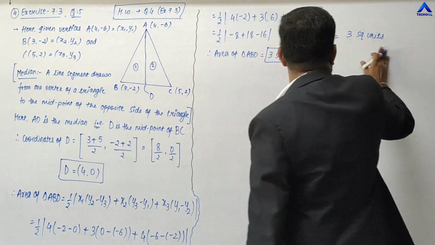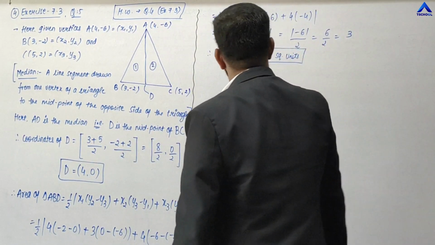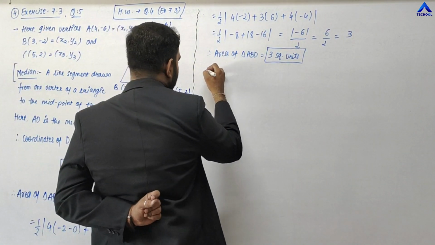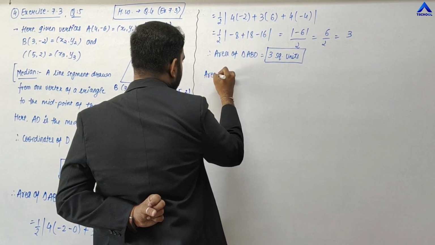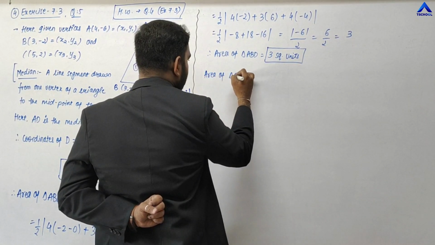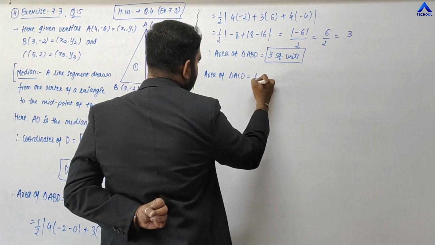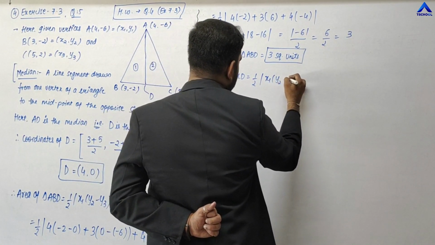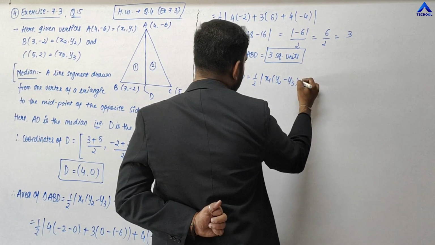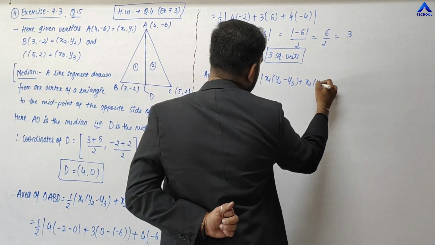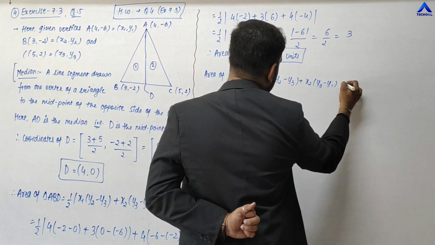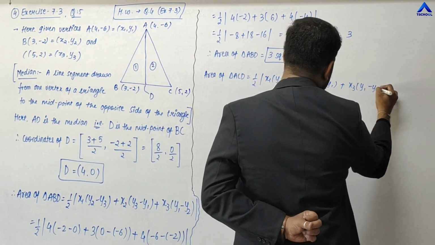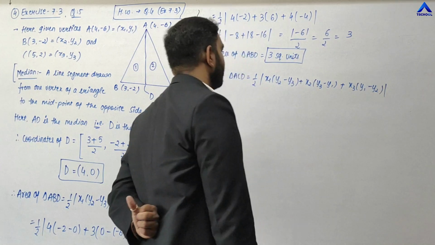Okay, so we got here the area of triangle is 3 square units. Similarly, we shall find out area of ACD, that is half modulus x1 into y2 minus y3 plus x2 into y3 minus y1 plus x3 into y1 minus y2.